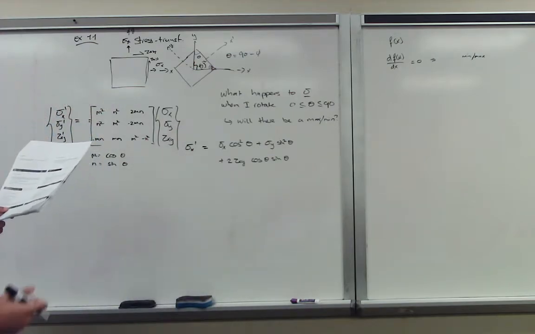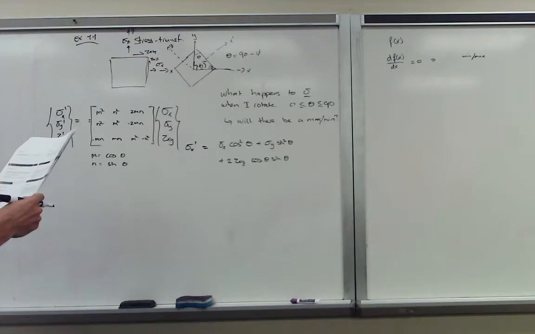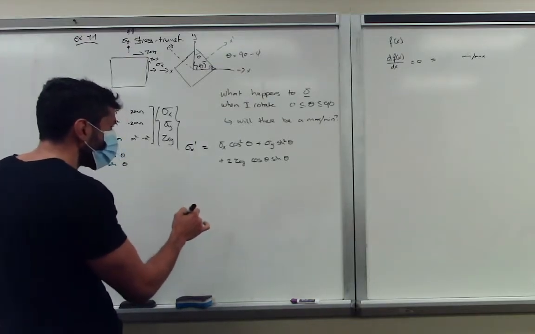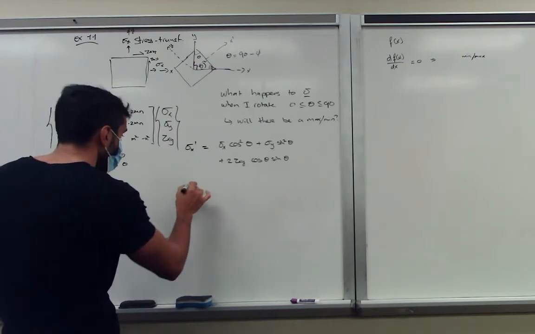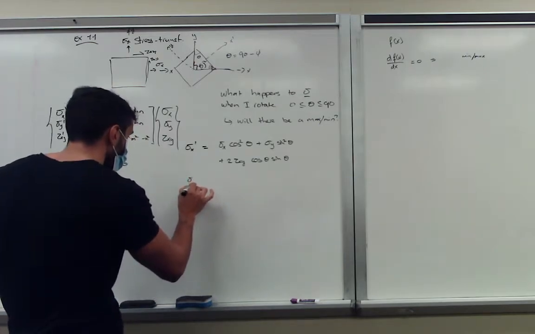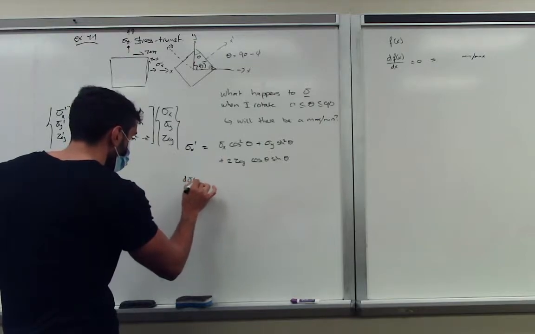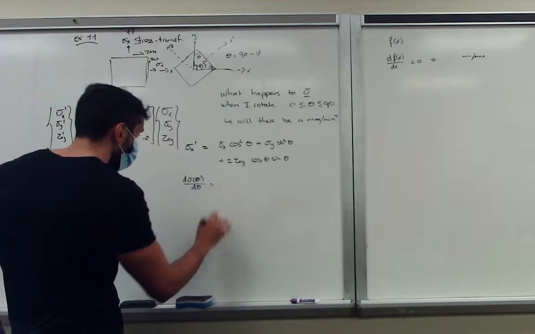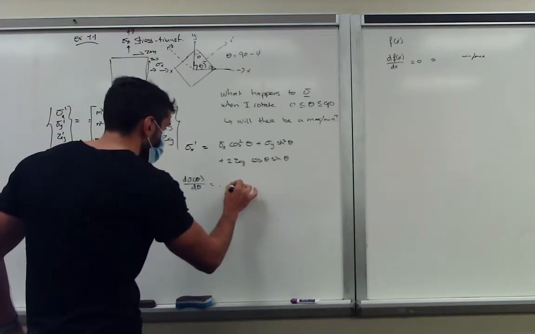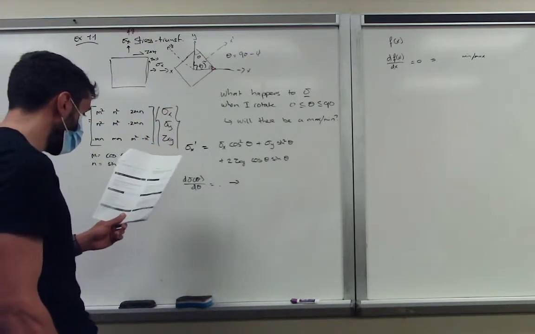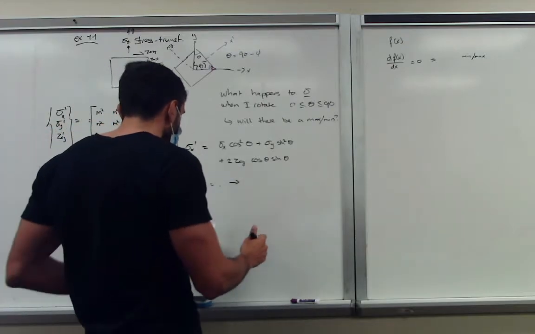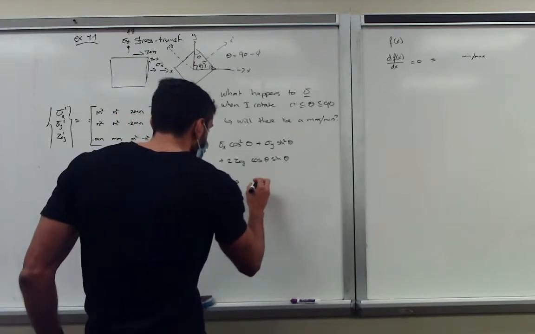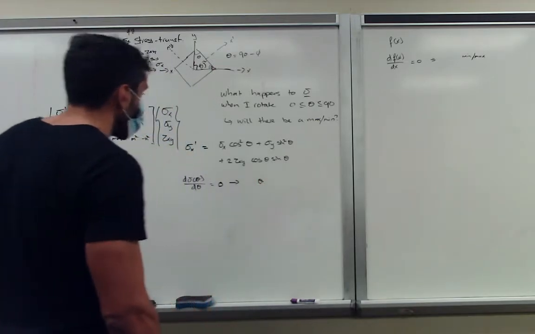So if you do that, the next step, once you take the derivative, is to set it equal to 0 and solve for theta, basically when it's maximized or minimized.